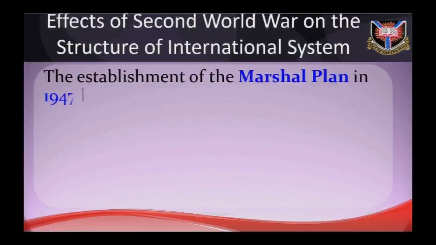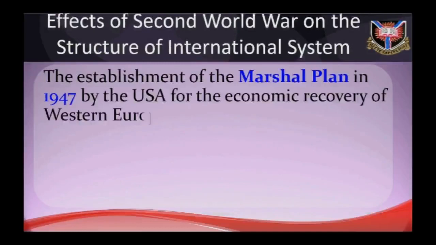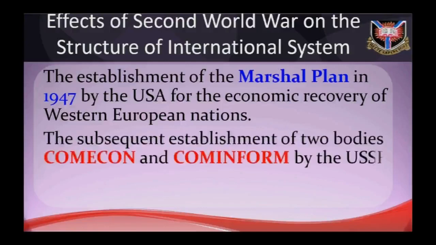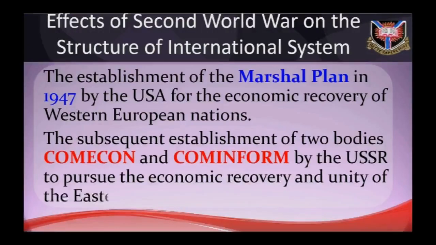The establishment of the Marshall Plan in 1947 by the USA for the economic recovery of Western European nations. 4. The subsequent establishment of two bodies, COMCON and COMINFORM, by the USSR to pursue the economic recovery and unity of the Eastern Bloc.